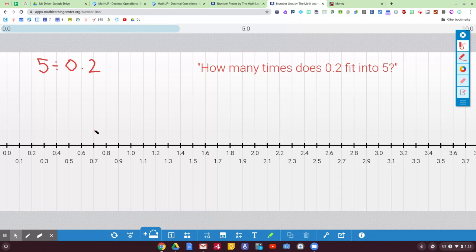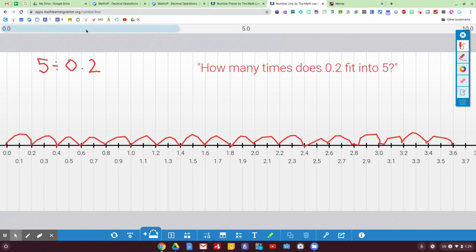So I've got a number line set up here that starts at 0, and each tick is worth 1/10. One of the simplest ways that I could do this is to start counting up by 2/10 on my number line. So there's 1 hop, 2, 3, 4, 5, 6, 7, 8, 9, 10, 11, 12, 13, 14, 15, 16, 17, 18.